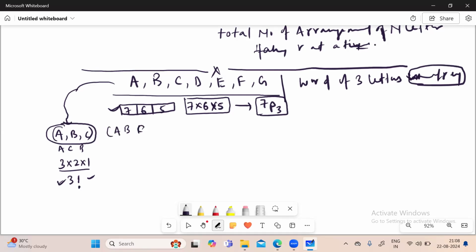So ABC covered, ABD, then he took ABE, ABF. So it will take a lot of time to count actually all the groups.